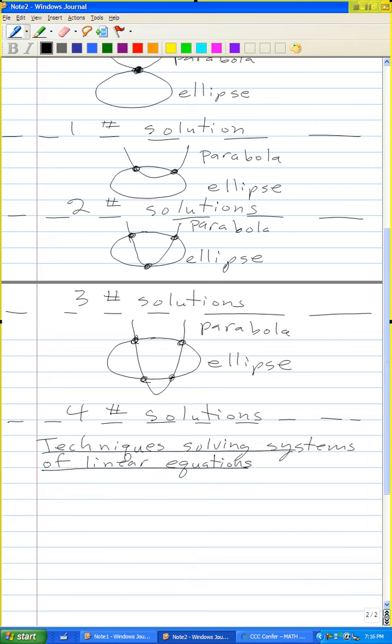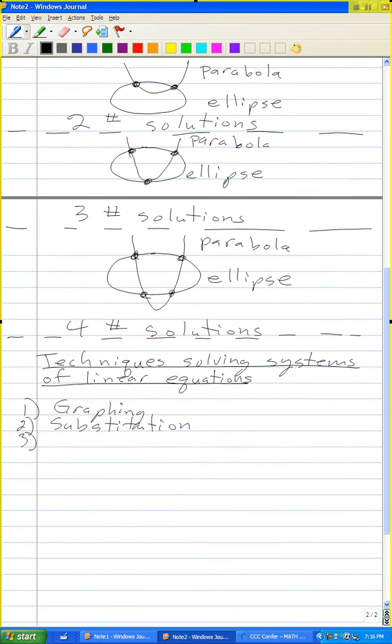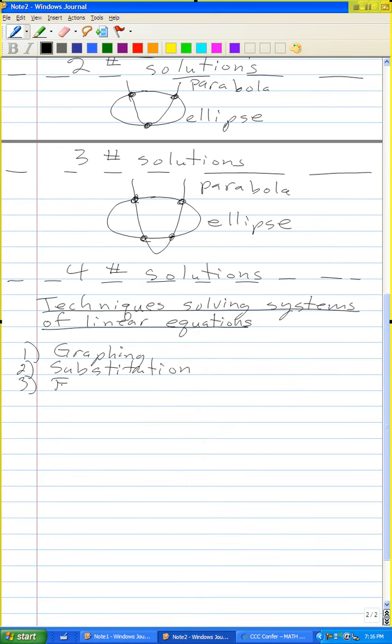Our techniques were graphing, substitution, elimination, the matrix methods, and determinants.